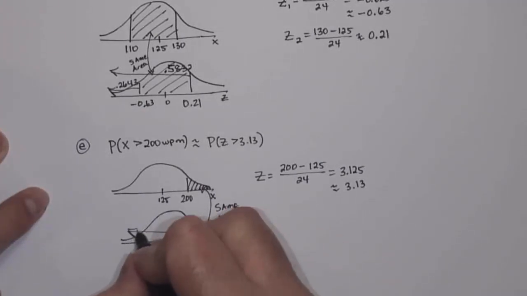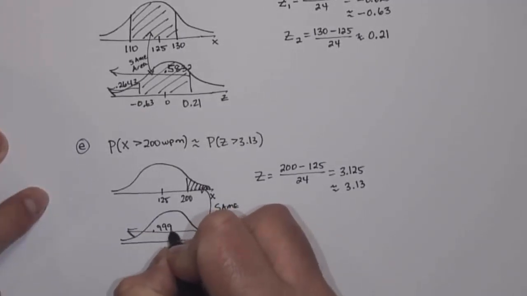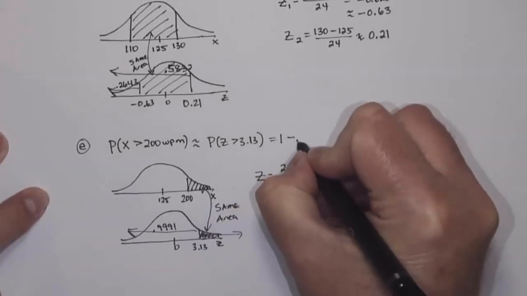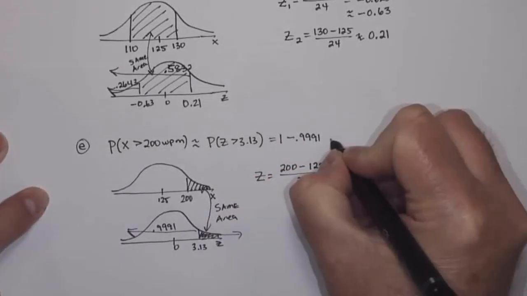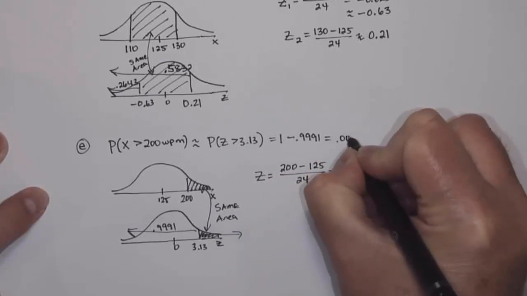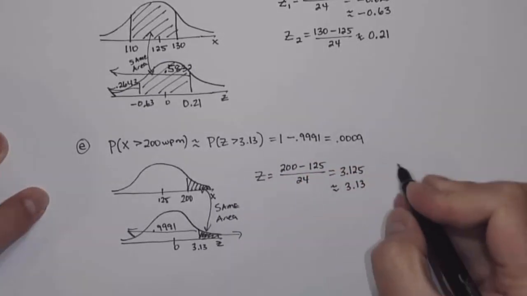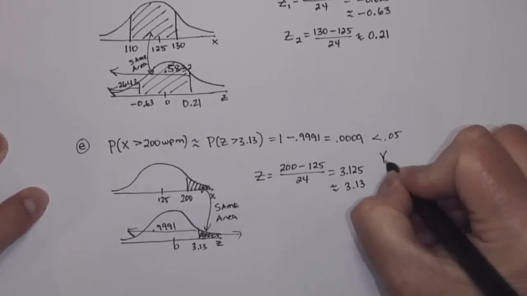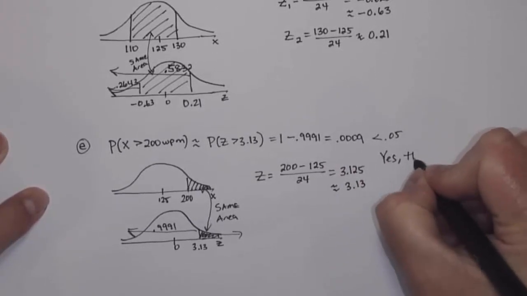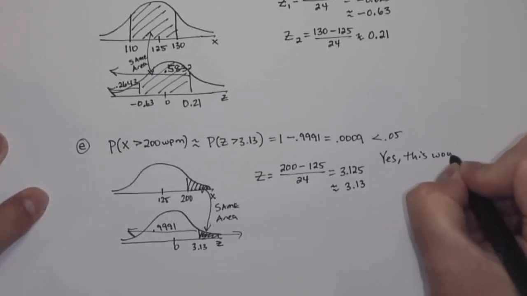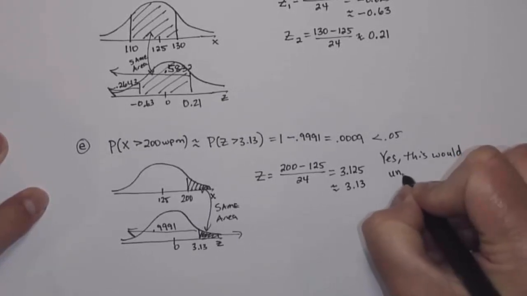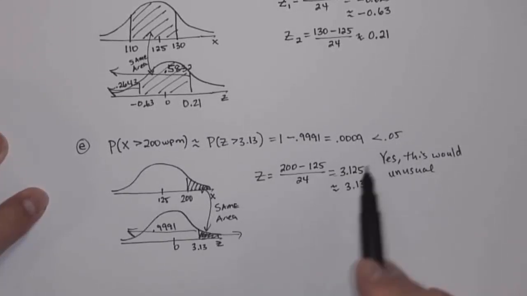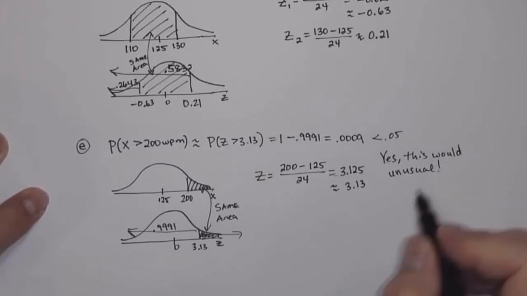So this area is 0.9991, which means our area to the right is 1 minus that. And so that is 0.0009. That is less than 0.05, so the answer is yes, this would be unusual. It would be unusual because the probability is less than 0.05. So it's quite unusual.